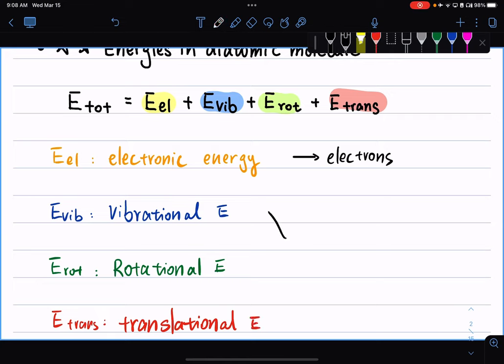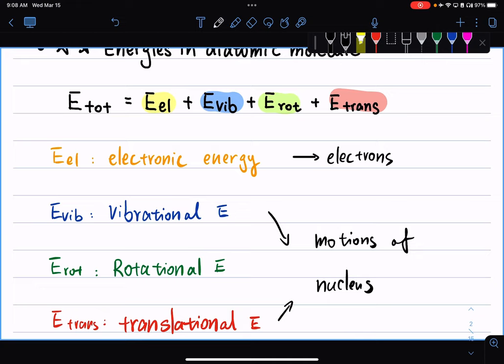All 3 of them describe motions of the nuclei. So this is just a quick overview, and we'll go over each of the terms here one by one.